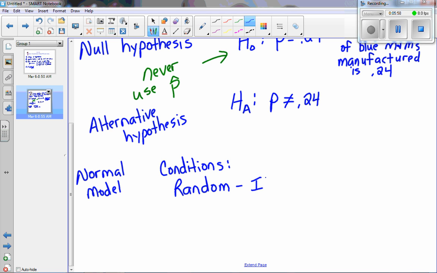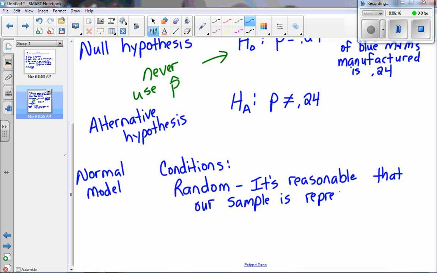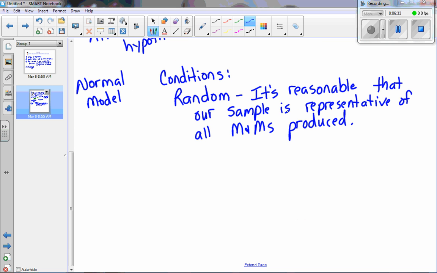So I believe that it's reasonable that our sample is representative of all M&Ms produced. So you have to be able to address that situation. If it's not a random sample, make sure that you at least address this.